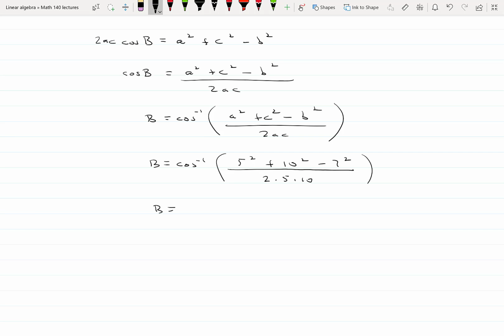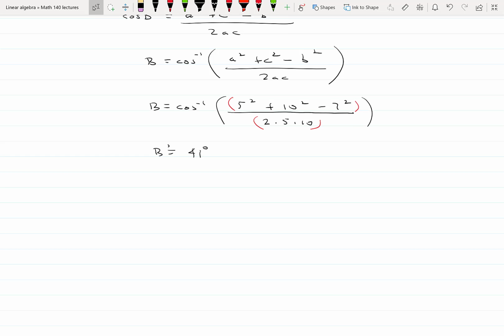Remember, insert parentheses in the numerator and denominator when entering them in your calculator. My calculator will tell me that B is about 40.53, so about 41.